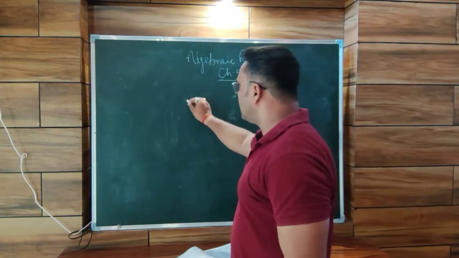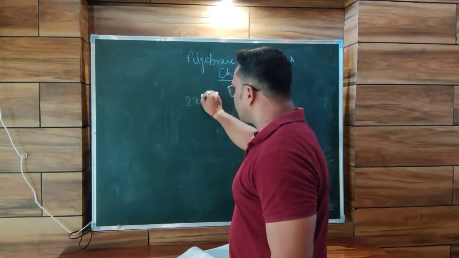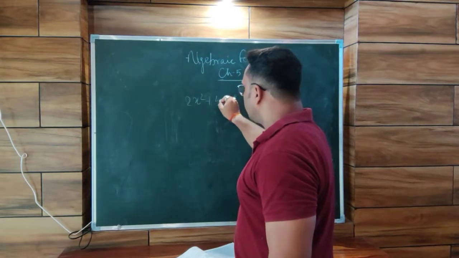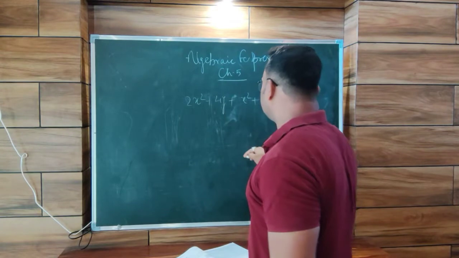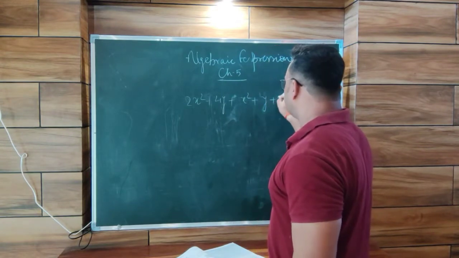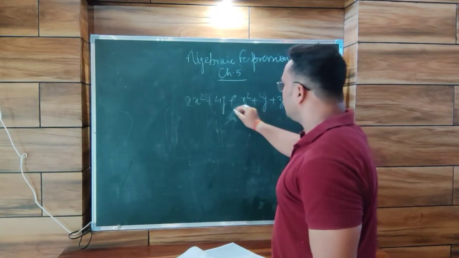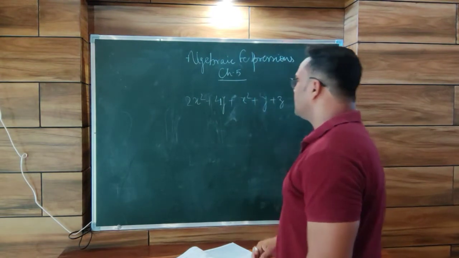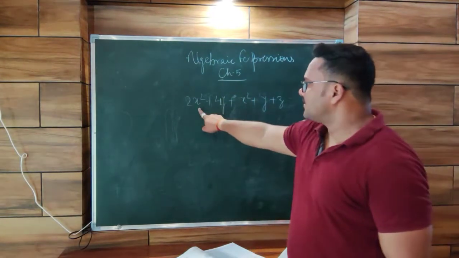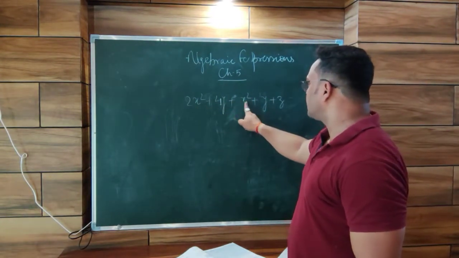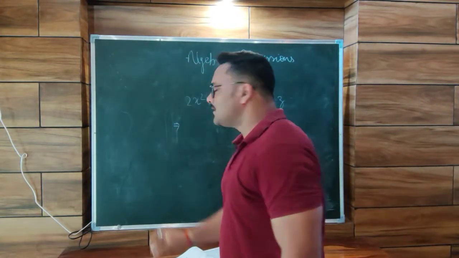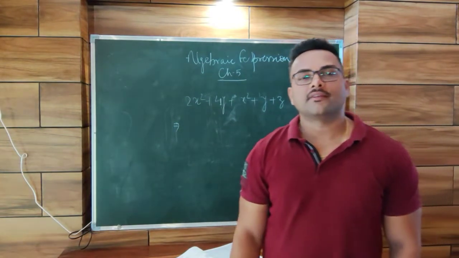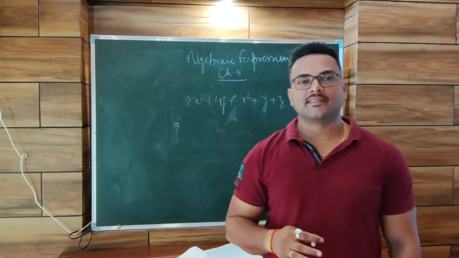Suppose we have an algebraic expression 2x square plus 4y plus x square plus y plus z. Okay, this is one algebraic expression. Here we are supposed to find the like terms. Like terms we can find on the basis of the variables given.